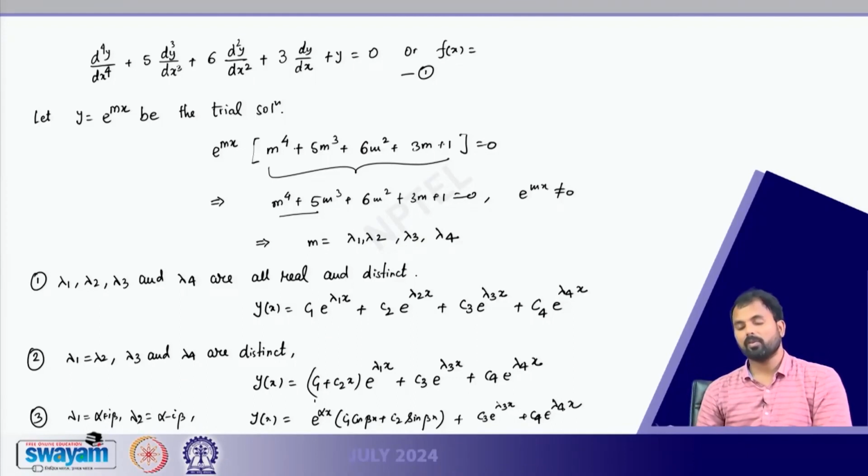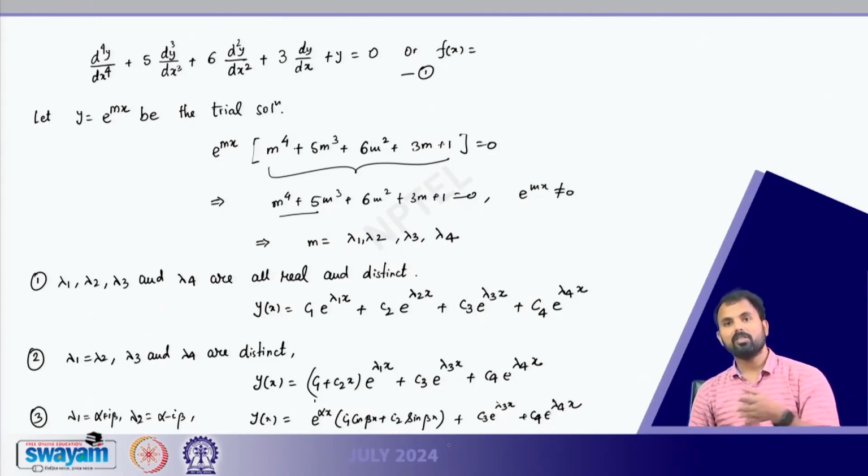If all four of them are complex, then it will be e^(αx)(c1 cos βx + c2 sin βx) + e^(γx)(c3 cos δx + c4 sin δx) and so on. So you got the idea, right? That is for the fourth order. If you have fifth order, sixth order and so on, the analogy will be similar.